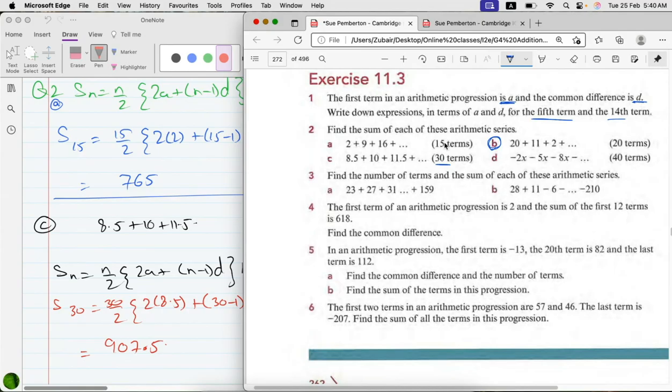Just substitution, and then 2 into the first term, plus 20 minus 1, and then into the difference.